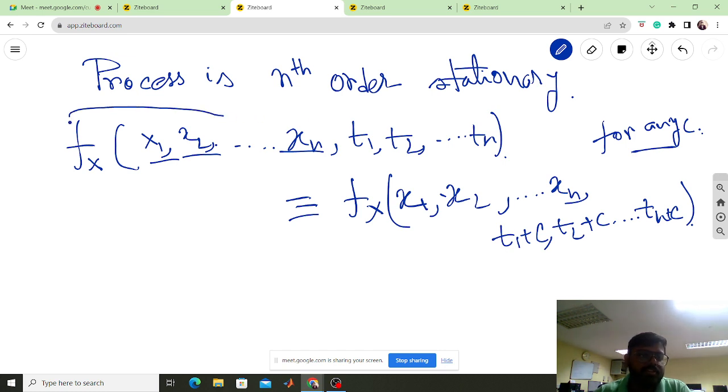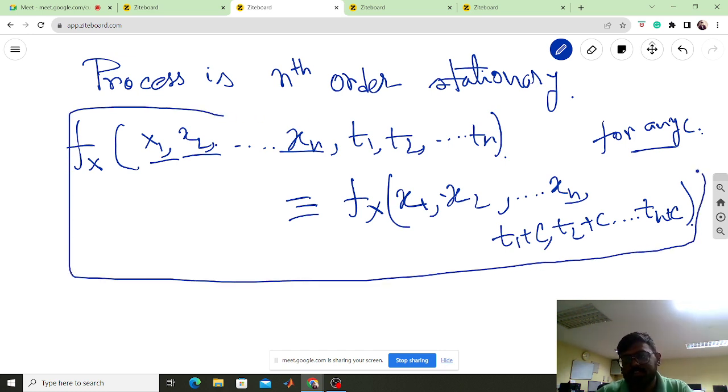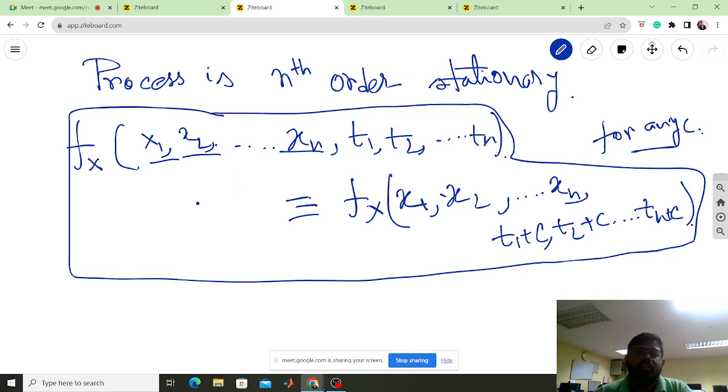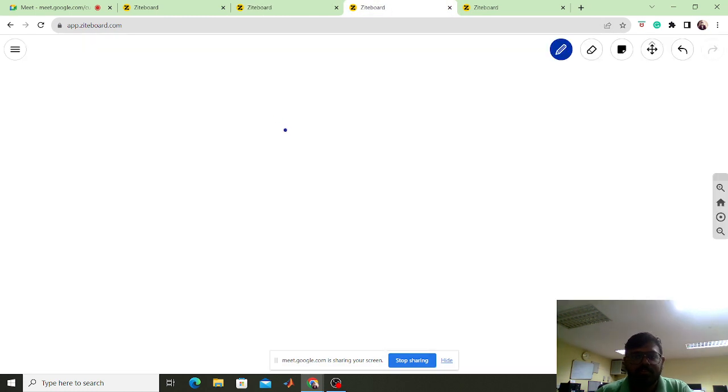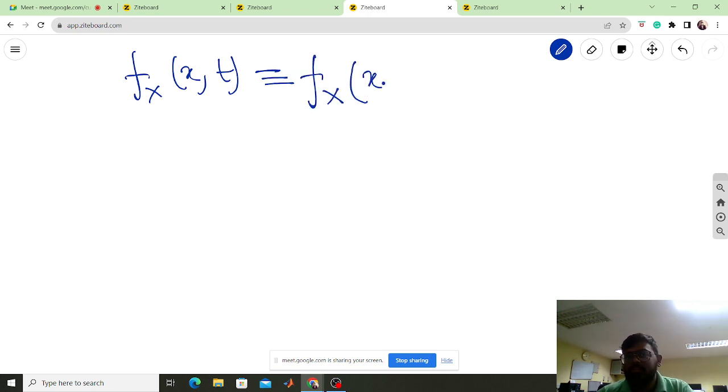If this condition holds, then the strict sense stationary process is the nth order stationary process. So the first order stationary process will follow this rule: f(x; t) equals f(x; t + c) for any c.